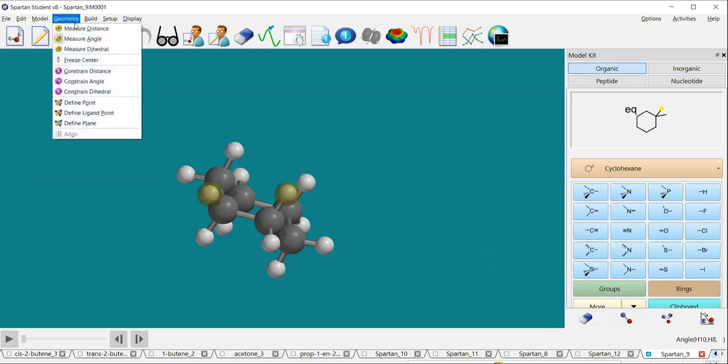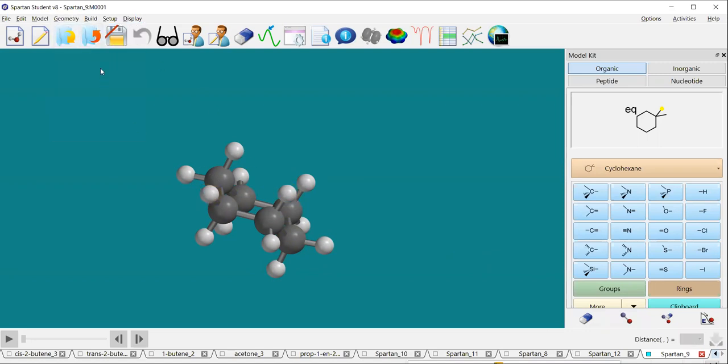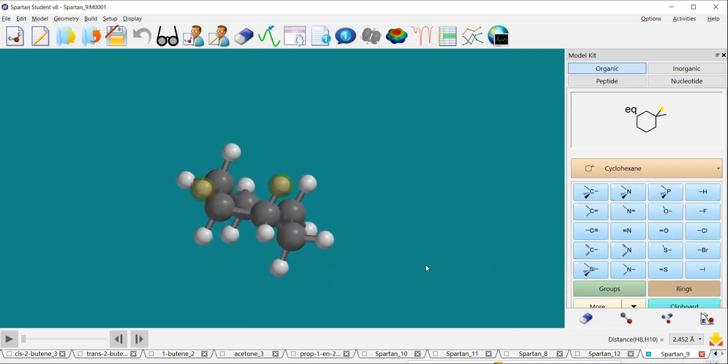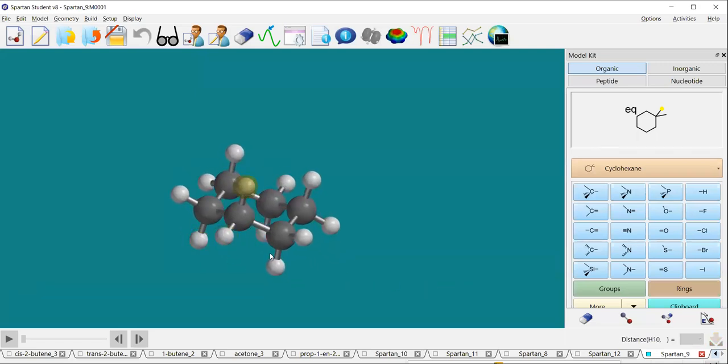Sorry, I have to go to geometry again. Geometry and measure distance. Distance between, let's say, these two. It is 2.452 angstroms between these two, the same value. Let's do this between these two, 3.057.